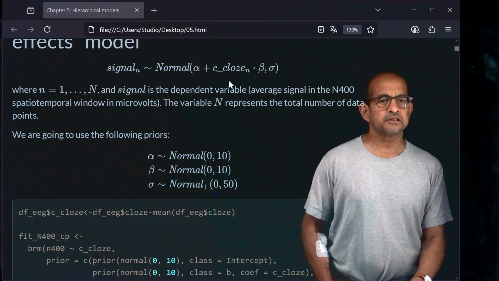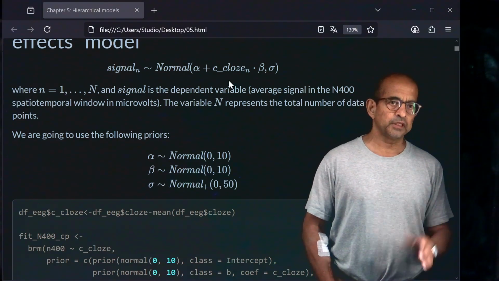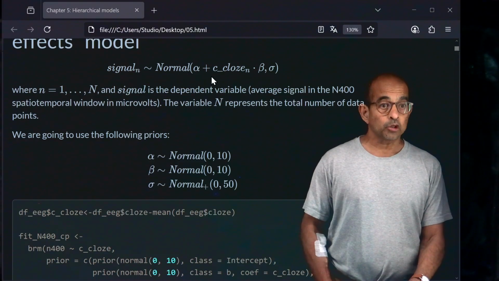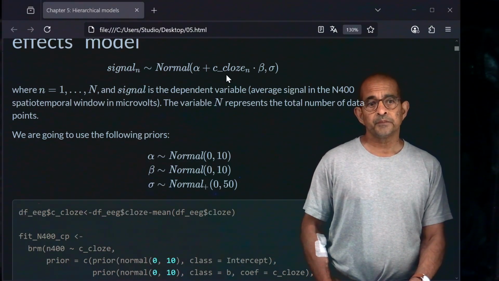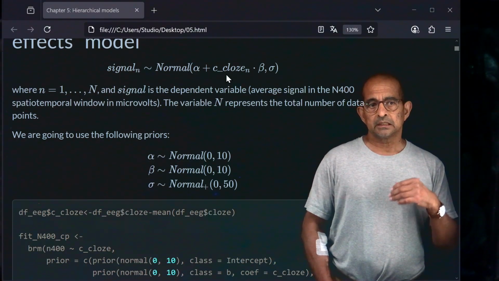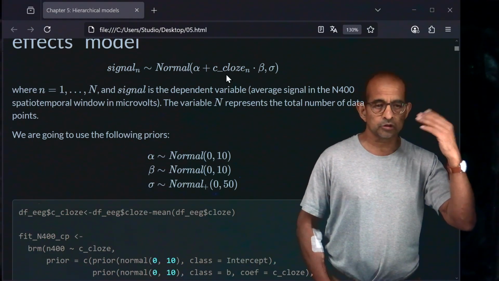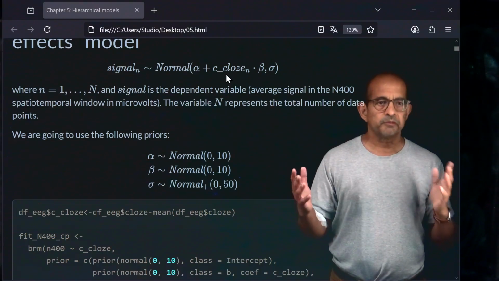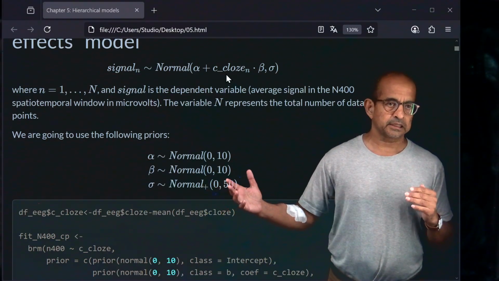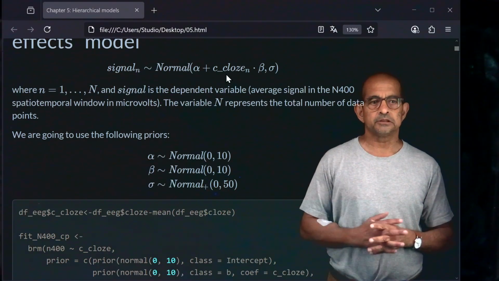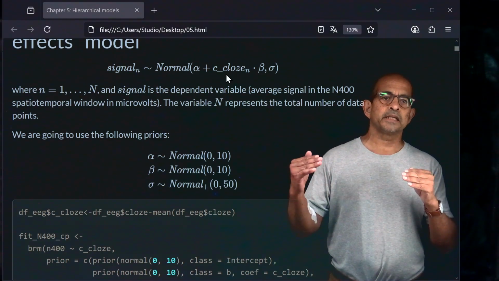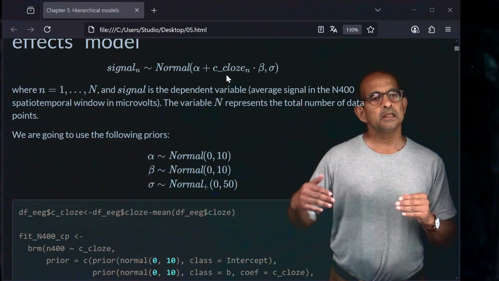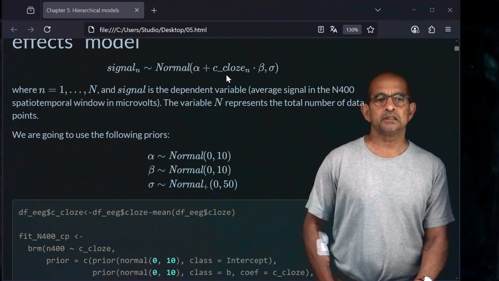Instead of having centered trial ID, we've got a continuous variable, cloze probabilities. The scientific question is whether the cloze probability has an impact on the electrical signal, the ERP response. We would expect a smaller amplitude for the signal if you have a higher probability continuation.